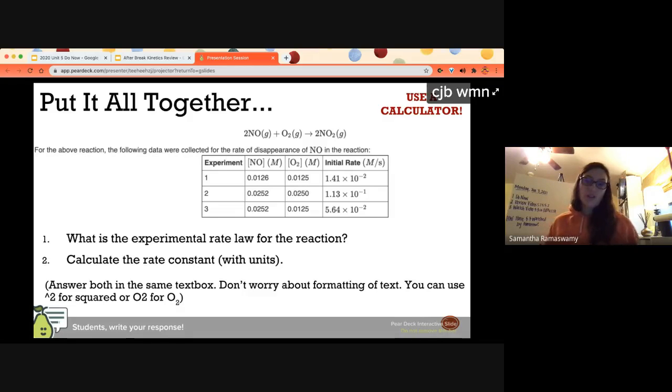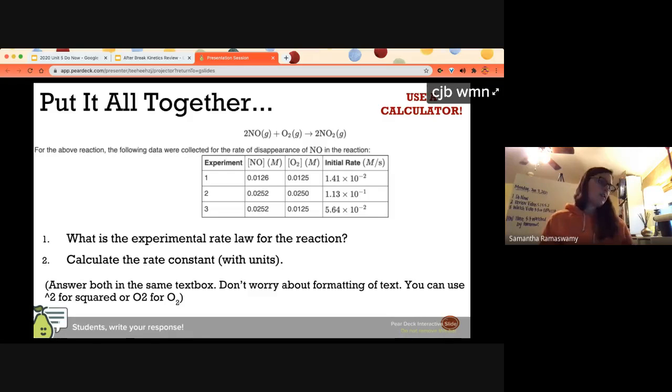Because if you do 0.0252 divided by 0.0126, that's 2. If you do 5.64 e negative 2 divided by 1.41 e negative 2, that's 4. So when NO doubles, rate quadruples. That's second order. So NO is second order.